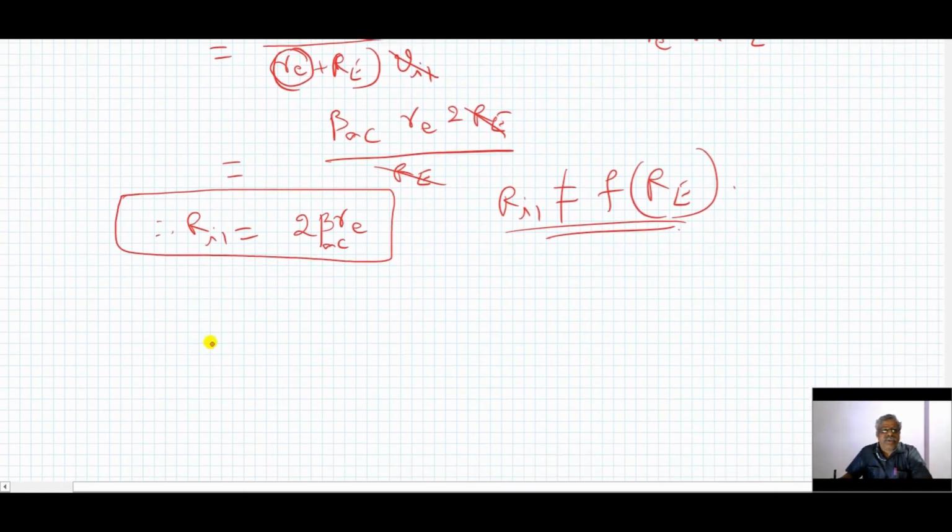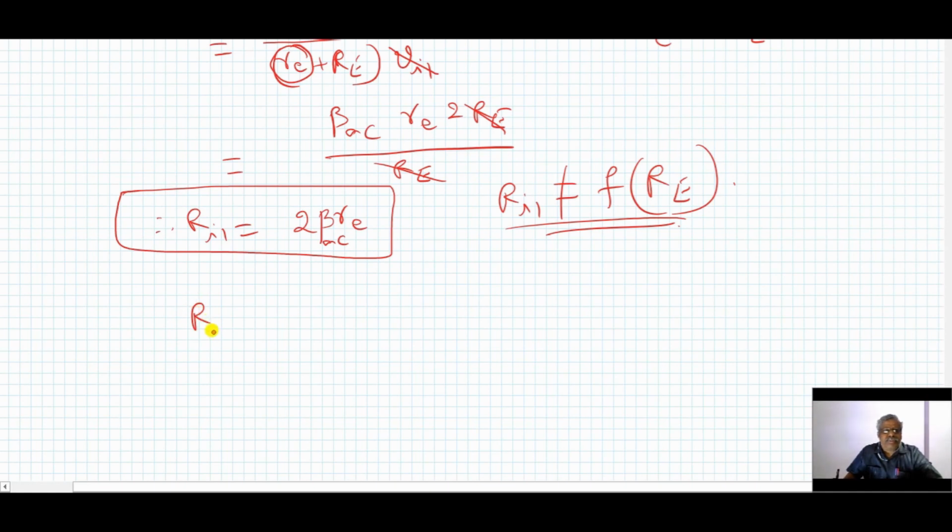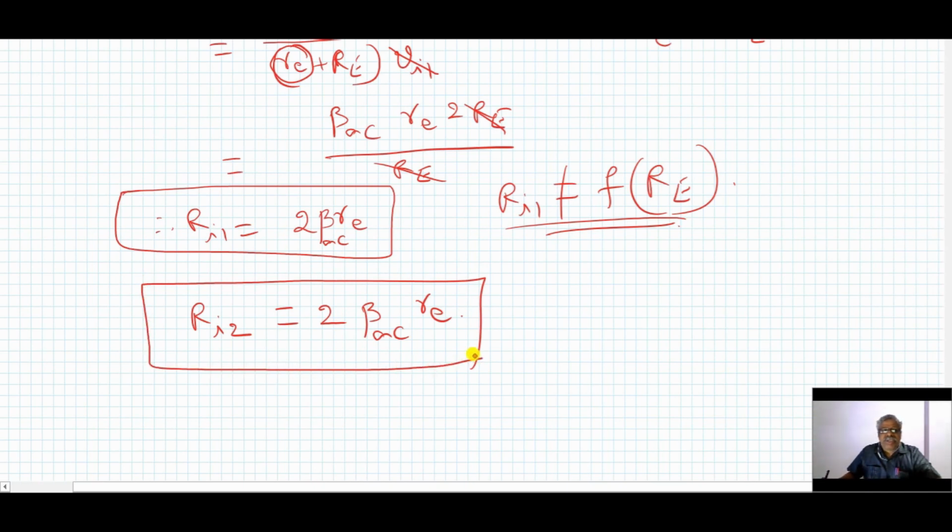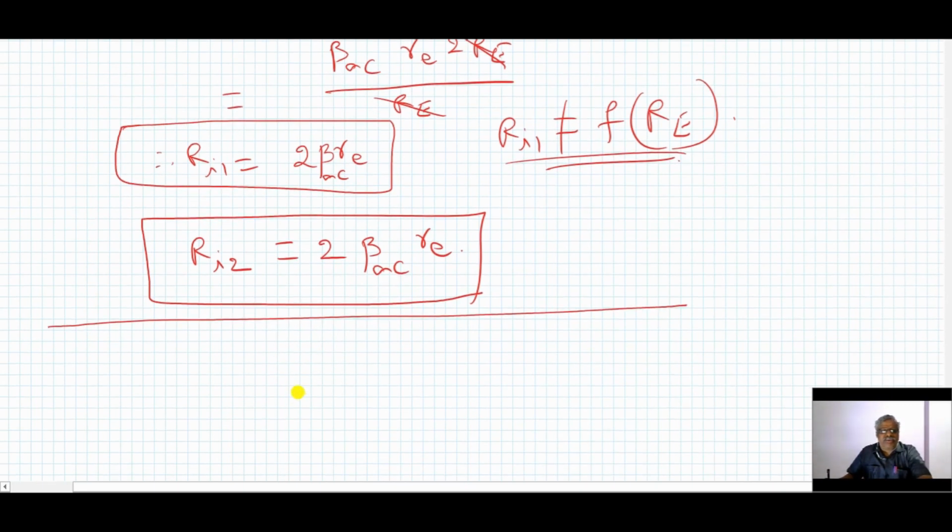In the same way, if you find out the input impedance for transistor 2, Ra2, we can get the same expression, 2 beta AC into re. There will not be any difference because the two circuits are symmetrical with each other. So this is the input impedance of the dual input balanced output differential amplifier.